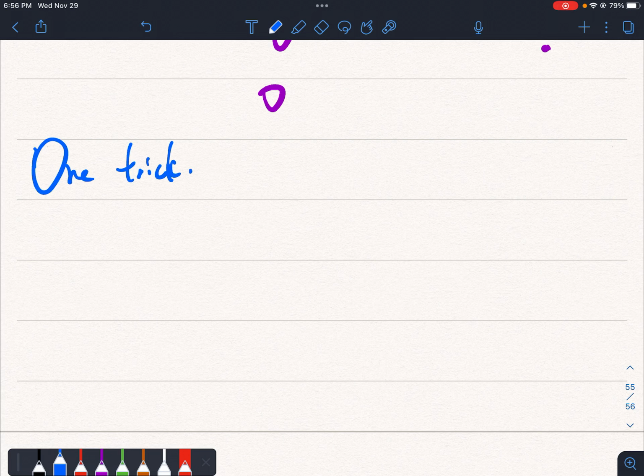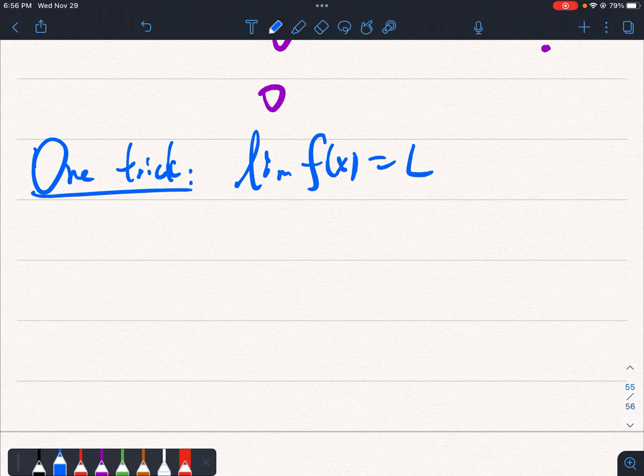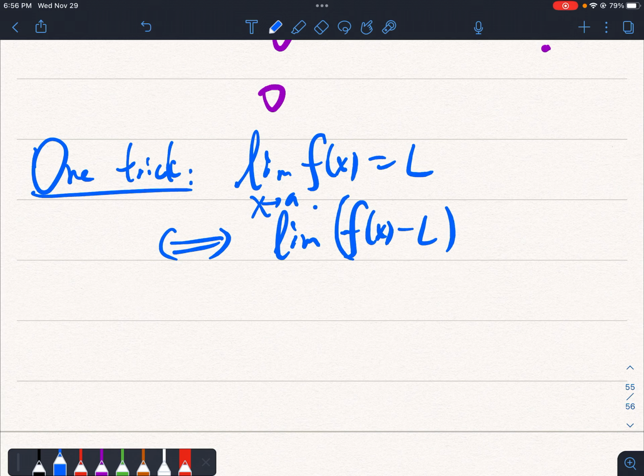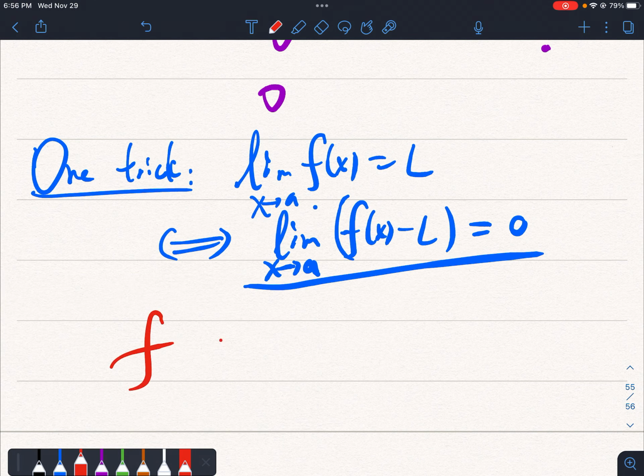So one trick is that whenever you want to show the limit of f of x is equal to some L, you can change this into the limit of f of x minus L, and you want to show this is equal to 0. Sometimes this will be very useful.